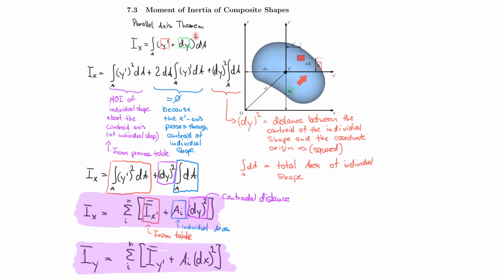And so we used the parallel axis theorem, which used these two distances, the y prime and dy, which you see here. Then we expanded the equation and noticed that this term must be 0, so we are left with only these two components, where this one comes from the previous page, from the table. And we just need to understand that we have to calculate an individual area and the centroidal distances.